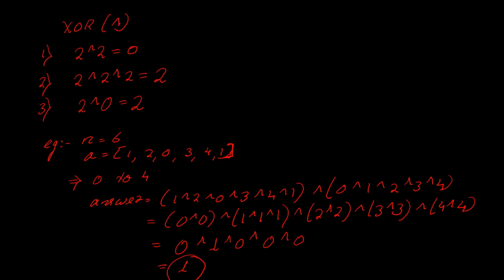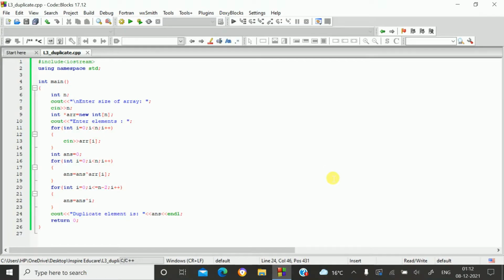So now let's see the code for this. The code is very simple. We have first entered the size of the array, then we have dynamically created the array, then we have entered the elements of the array, then we keep a variable answer and initialize it with 0. Then we run a loop till the size of the array and XOR every element.